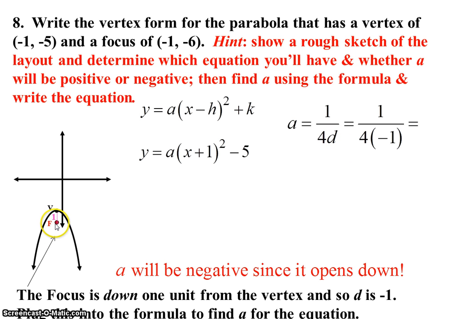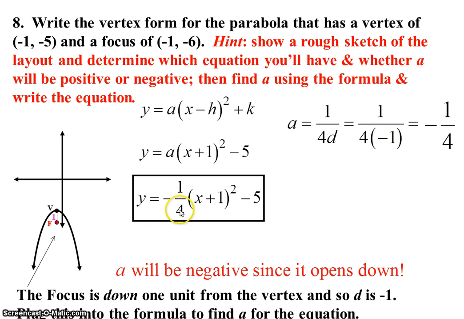It's only negative because it's opening down. It would also be negative if it was opening left. So it's not the end of the world if you forget to put a -1 here, but you better remember to make it negative when you include it over here, because it is opening down. That's my point on that. So that's going to be -1/4. You might have had 1/4 there, but this has definitely got to be -1/4 when you put it into the equation because it is opening down. Does that make sense? I hope it does.